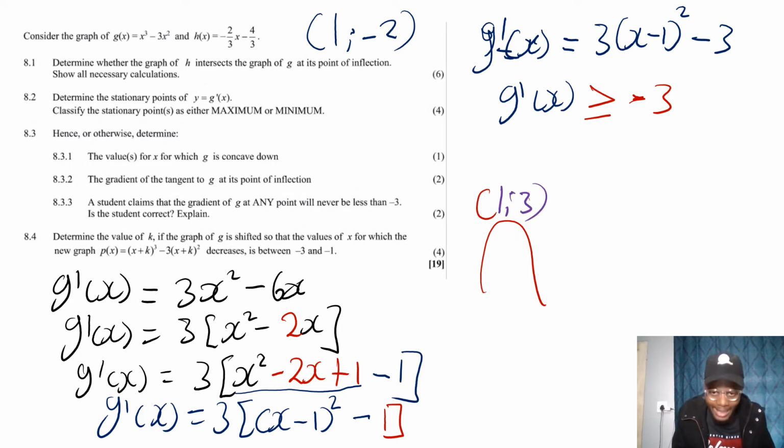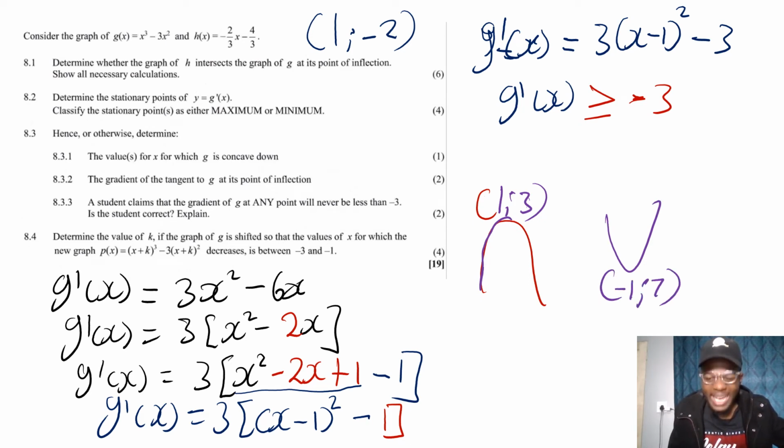So this 3, the value of y at the turning point, because a is negative, becomes the maximum value of our function. So when it is like this, let's say we're having negative 1, 7, that 7, the value of y at the turning point, becomes the minimum value of the graph. So because the derivative, as I've said, is the gradient, it's the minimum gradient.